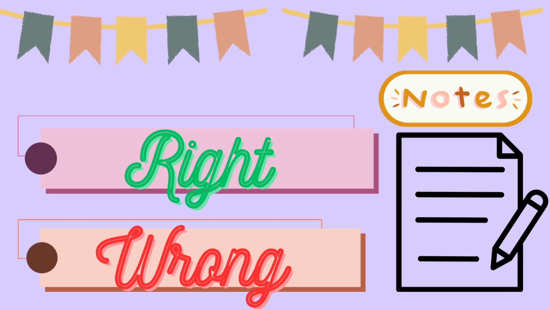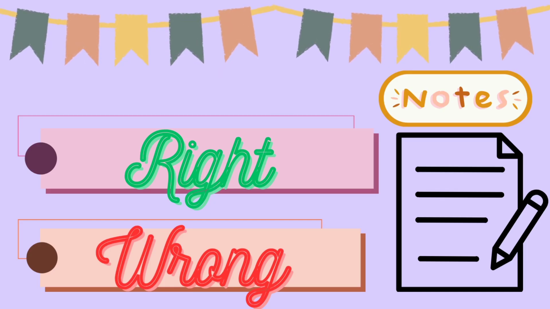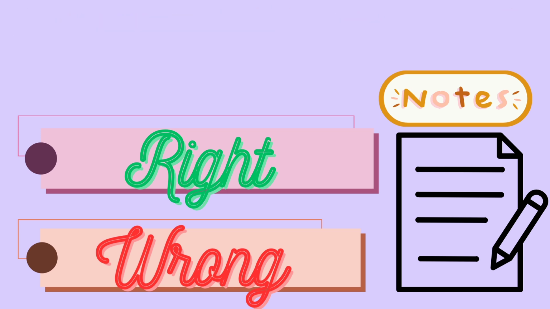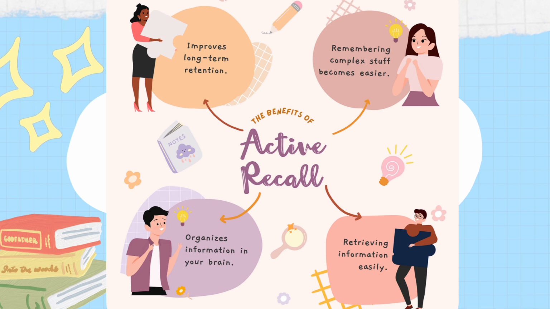After that, you have to compare the blurting with the notes. After comparison, you can come to a conclusion about what you have got wrong and what you have got right. You have to write it on a paper and divide the page into right and wrong sections. So that was all about active recall and blurting.